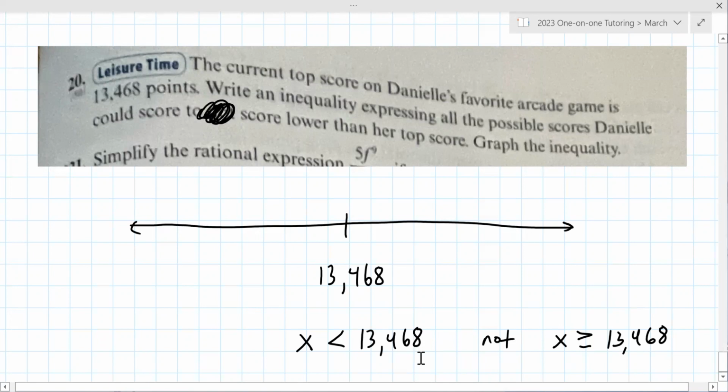Since it says lower than her top score, it could be equal or higher. Yes, equal to 13,468 or higher. So it'd be filled in.